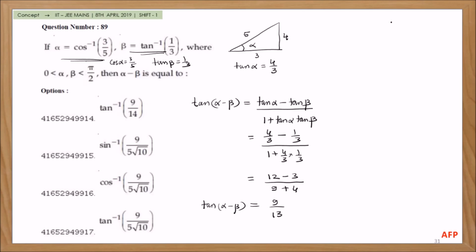So again we will draw a triangle for alpha minus beta. Tan is 9 by 13, opposite by adjacent.